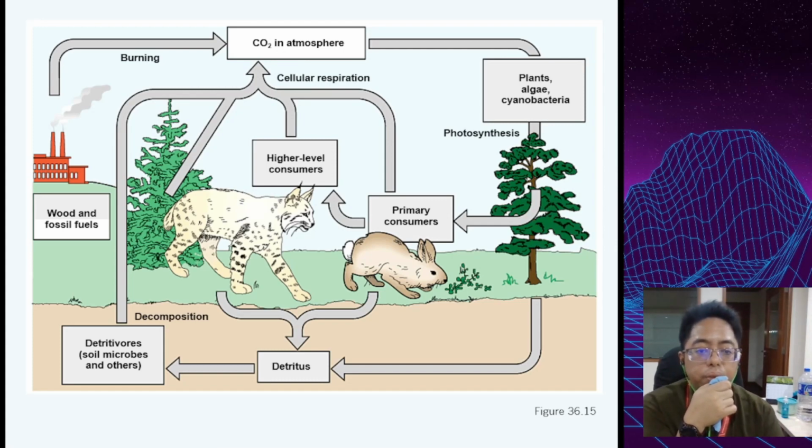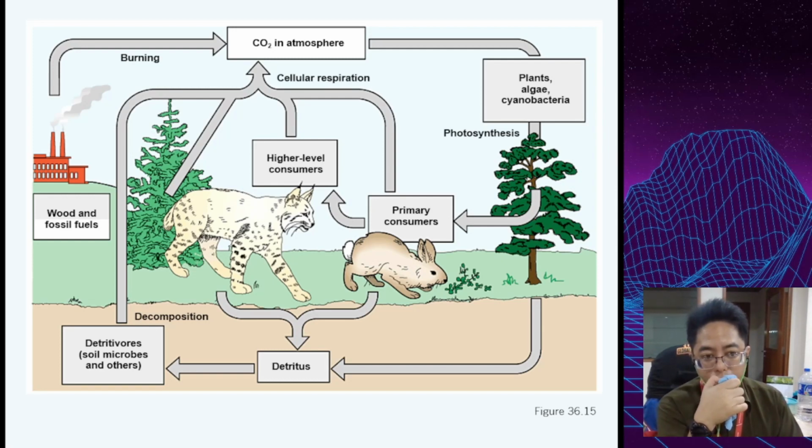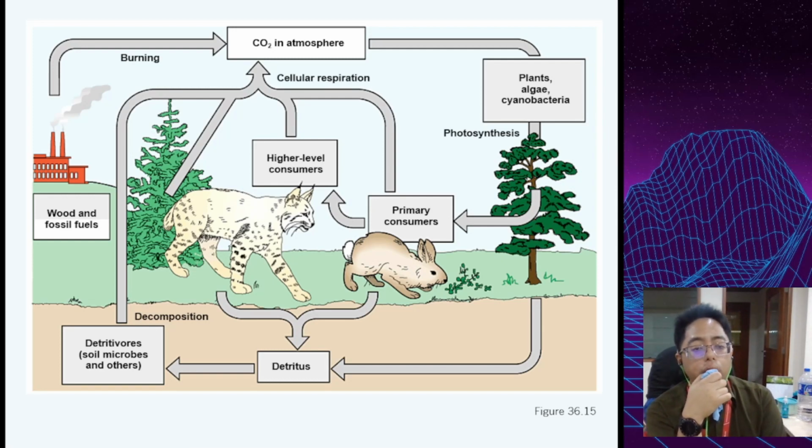So it starts from the consumers. Consumers, when they breathe, create CO2 in the atmosphere. Okay, and then we as humans, we burn a lot of fossil fuel when we drive our car. When we burn a lot of material, all of this burning increases CO2 in the atmosphere. CO2 in the atmosphere will be absorbed by the plants through photosynthesis.